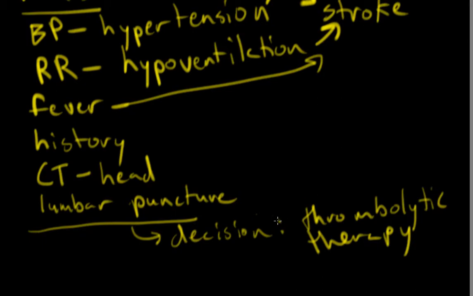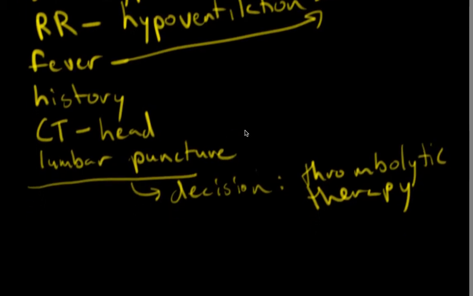So if you know there's a thrombus, based on the history, CT, and time course of the stroke, and you know whether it's thrombus or embolus or hemorrhagic, then you can decide whether to use thrombolytic therapy. So that's just a general overview of stroke, and we're going to go more in detail into the diagnosis now.